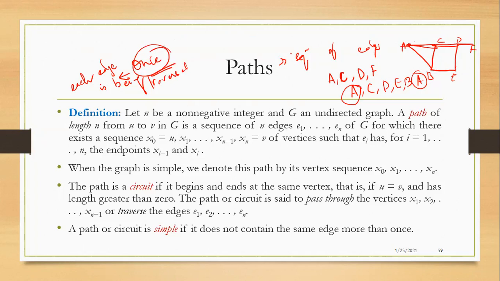We are not going multiple times on the same edge. Suppose I am going from here, A to C, C to D, E to B, B to A. Each edge I am traveling once. Instead of that, suppose I am taking A to B, B to E, E to D, C to A, and again A to B. In that case, I am traveling this edge twice, so it won't be a simple path or circuit. If I am traveling each edge only once, then it will be a simple path or circuit.